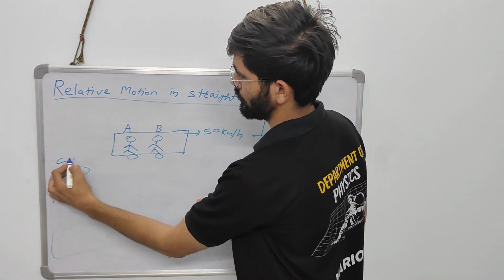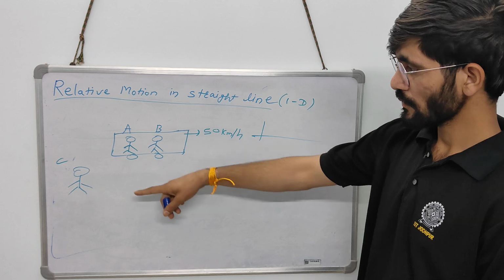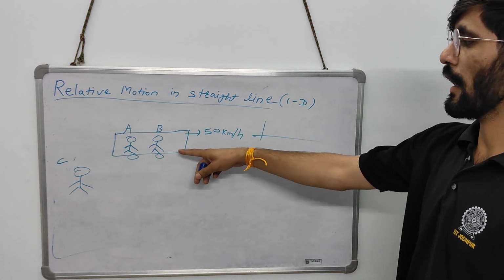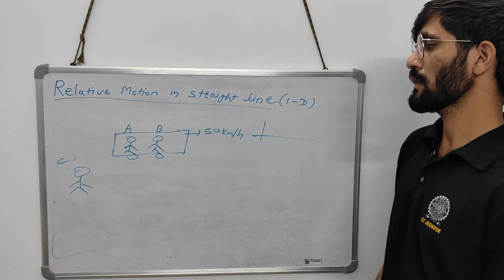This is C. According to C, A and B are both moving with 50 kilometer per hour.